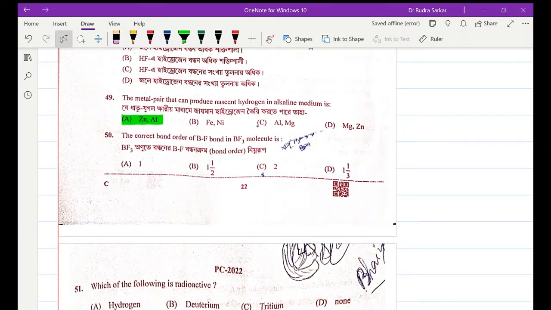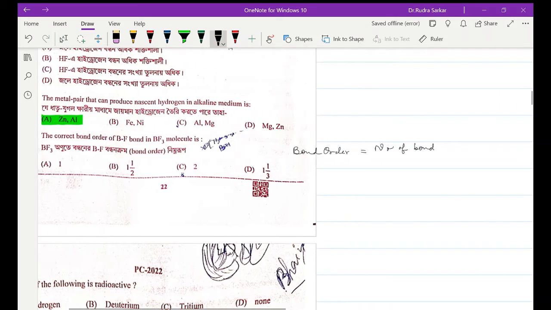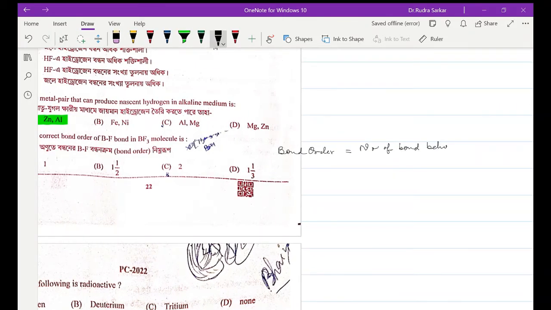The correct bond order of B-F in BF3 molecule. Now, for this type of bond order, it is the number of bonds between two atoms divided by the number of resonance structures.